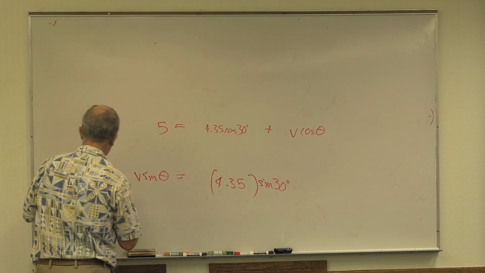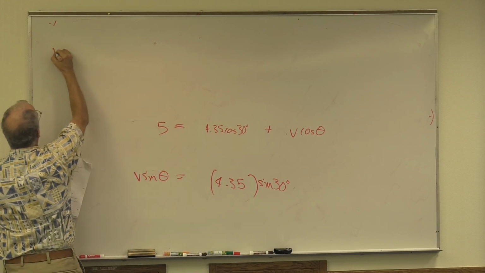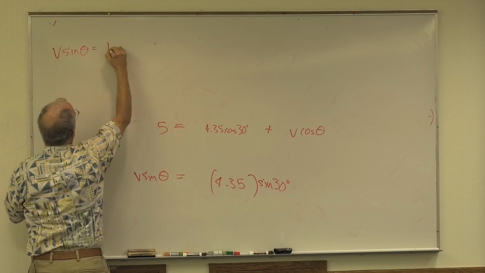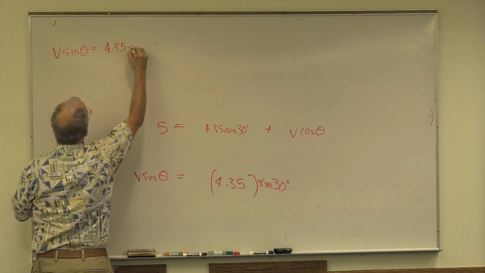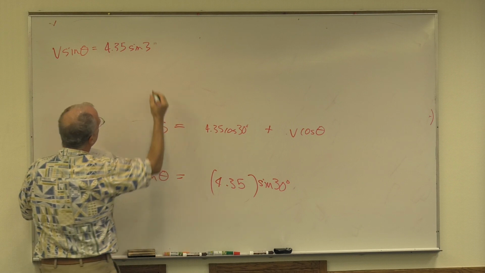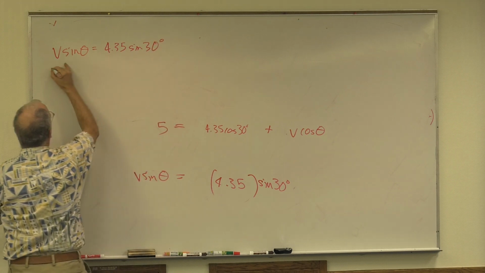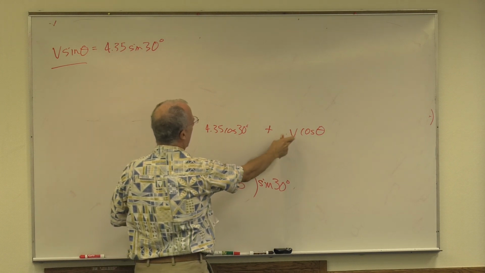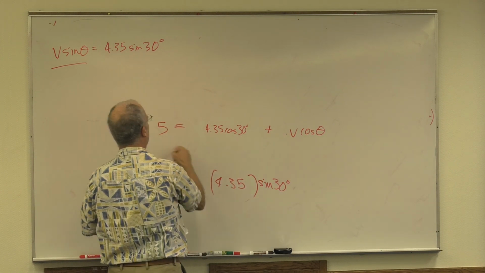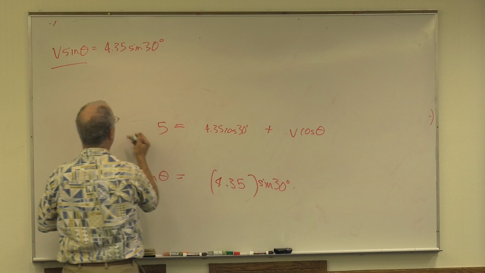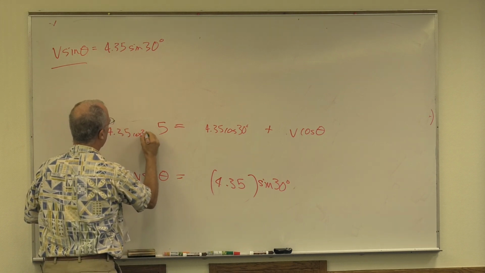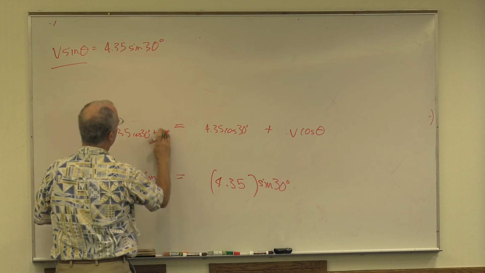So let's write this. V sine theta equals 4.35 sine of 30. Now let's do a little algebra first. I want to solve for v cosine theta, so I want to pull this to the other side: v cos theta equals 5 minus 4.35 cos 30.